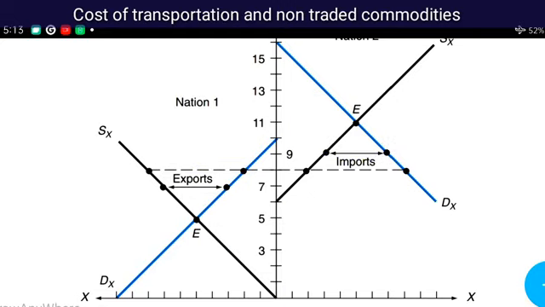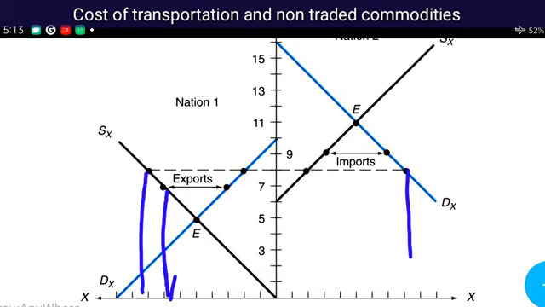As we stated above, the point to be noted here is that if the transportation cost is borne equally between the trading nations, there will be a reduction in supply in the case of the exporting country. Initially it was this much and now decreased to this much. And similarly there is a reduction in demand.